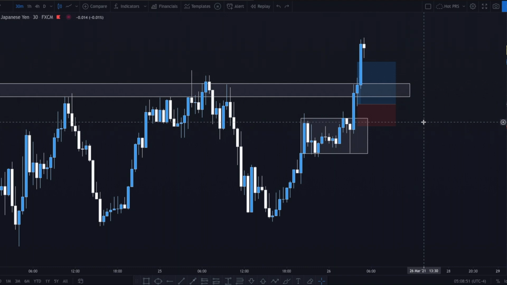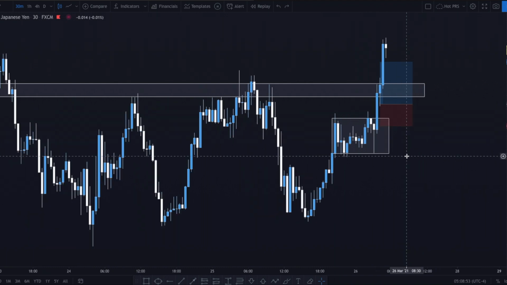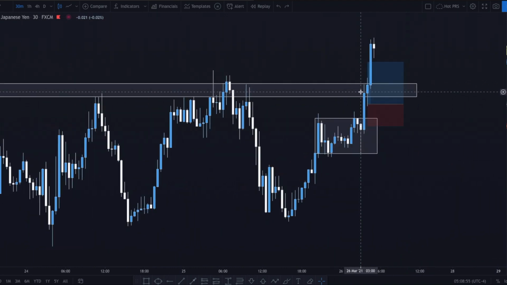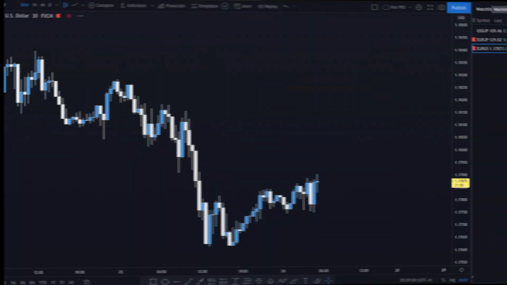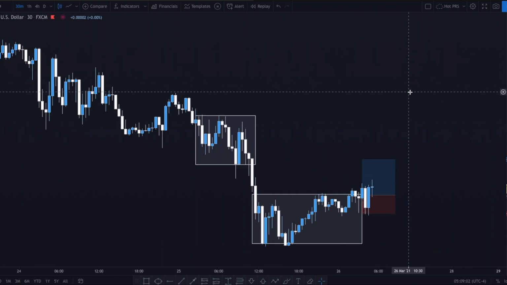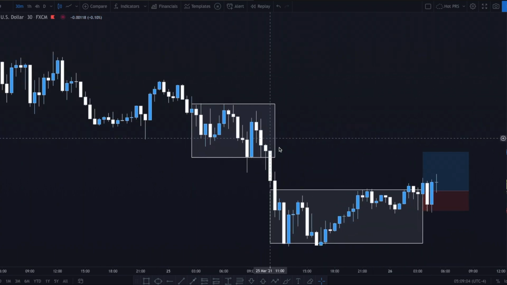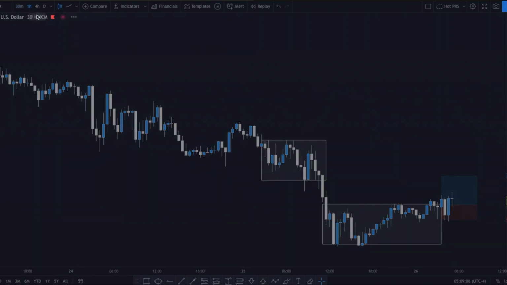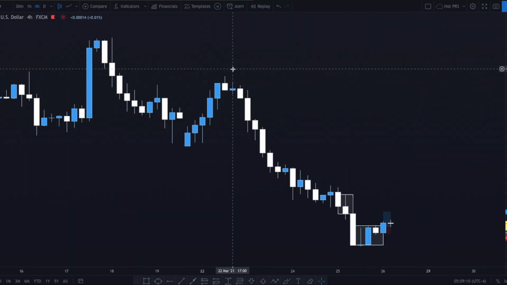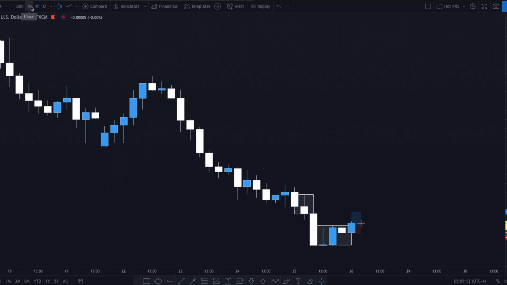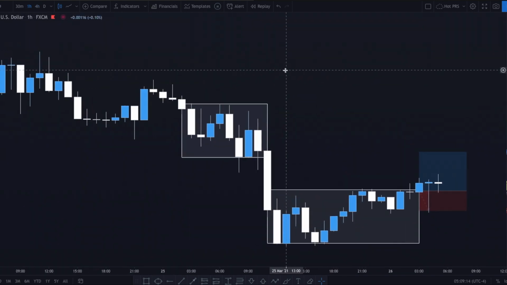So let's go on to EURUSD right now, which I took a loss. Same setup we had for EURUSD before we got into a sell yesterday, and this is what happened.